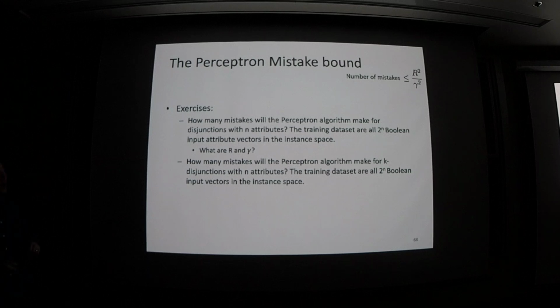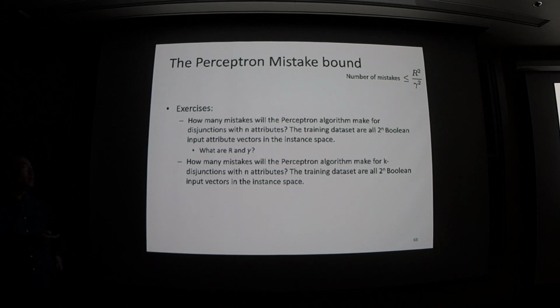Suppose our target function is a disjunction of n Boolean variables, and our training data set consists of all possible n-dimensional Boolean input vectors. Now we want to train a linear classifier with the perceptron. How many mistakes does the perceptron make at most?